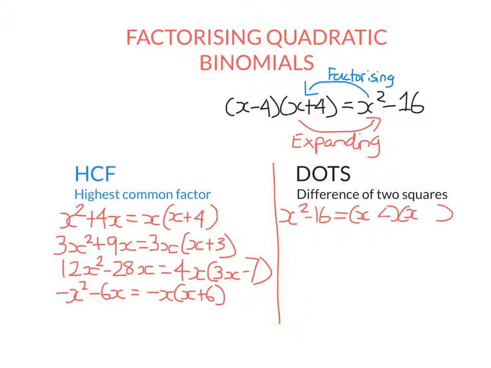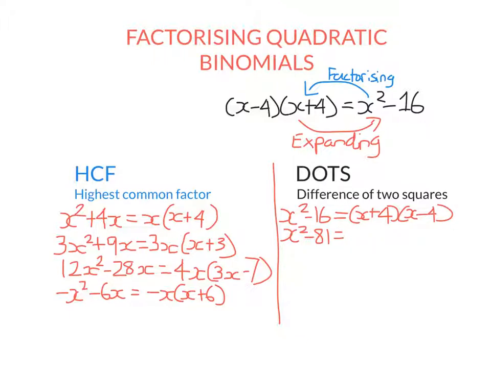I square root the second and put it in both brackets. One gets a plus, one gets a minus. So that's because when I expand this using FOIL, I will get that. There will be no middle term. It cancels out. So x squared minus 81 is a perfect square minus a perfect square. It's the difference of two squares.